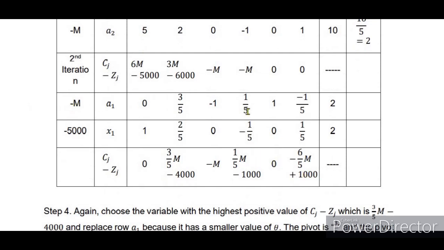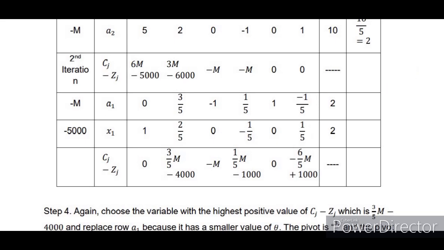Next, negative m multiplied by negative 1 over 5 is equal to positive 1/5 m. And negative 5,000 multiplied by 1/5 is equal to negative 1,000. So positive 1/5 m plus negative 1,000 is equal to 1/5 m minus 1,000.